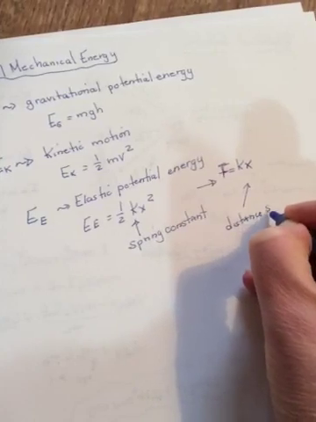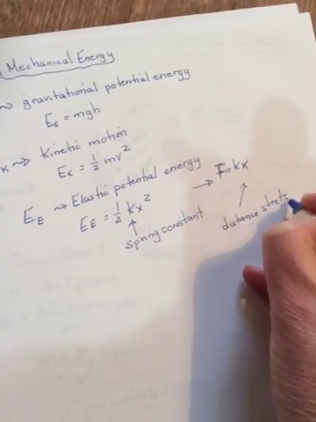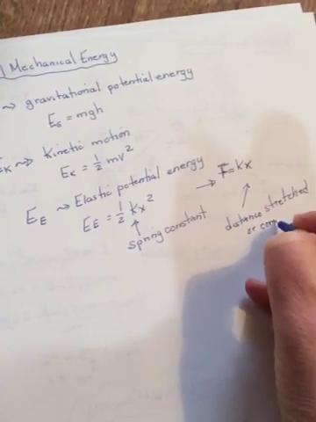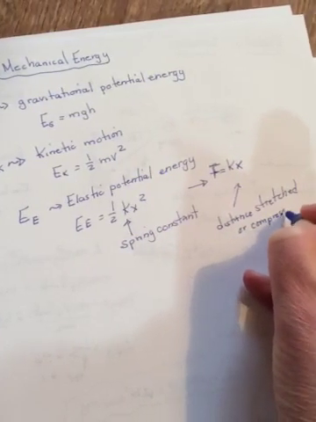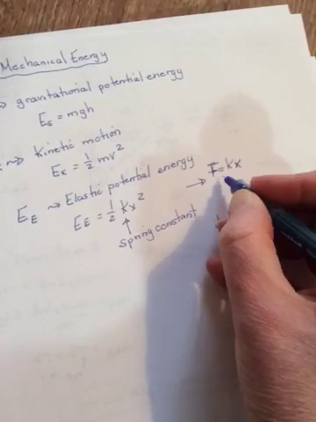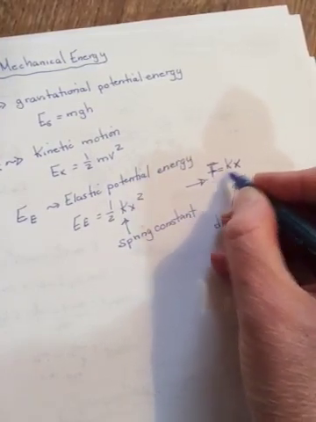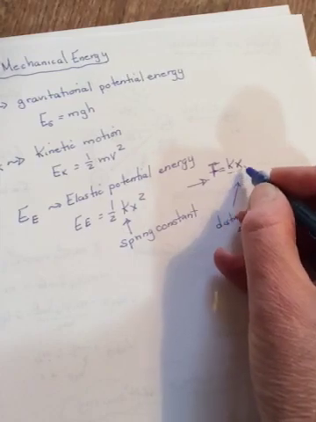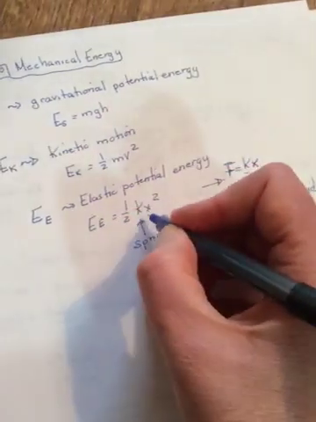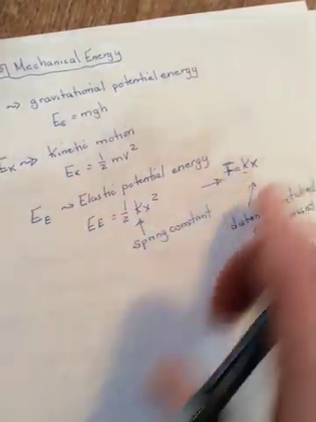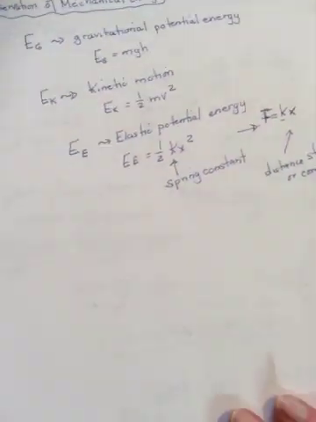So distance stretched or compressed. So obviously the bigger the k, the harder it's going to be to stretch. The smaller the k, the easier it's going to be to stretch. Okay? And again, bigger k, more elastic potential energy, smaller k, less elastic potential energy.